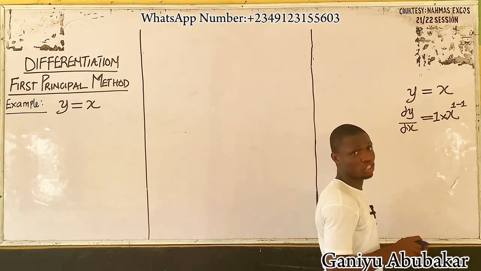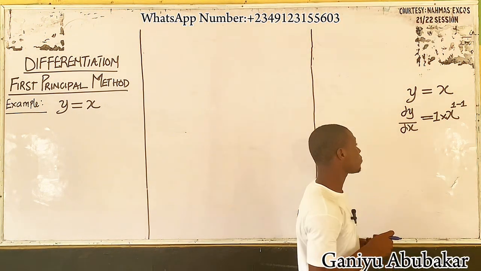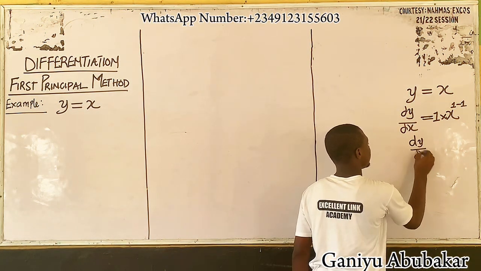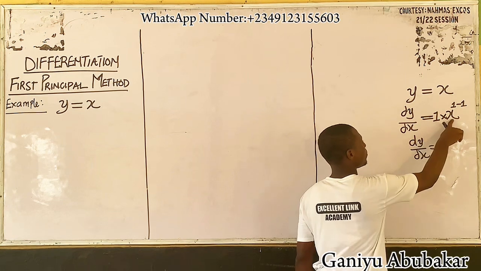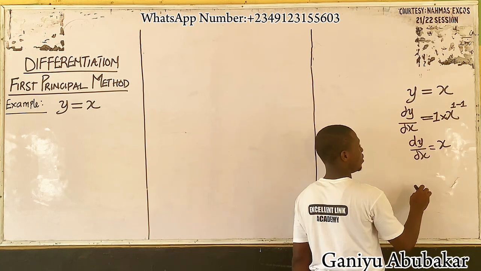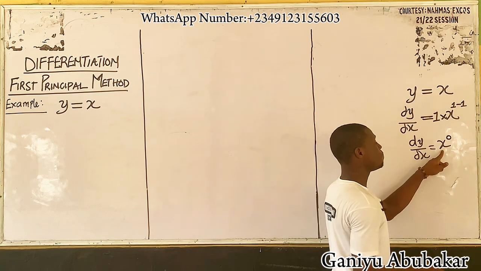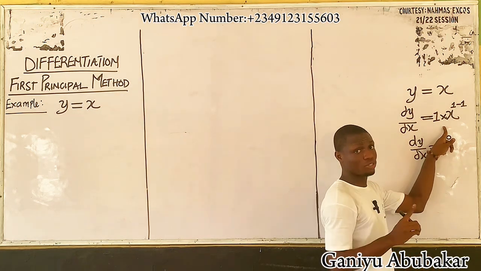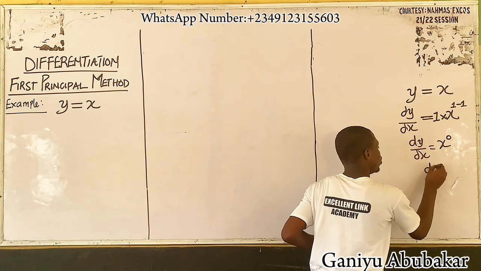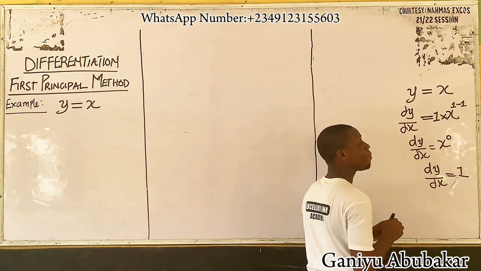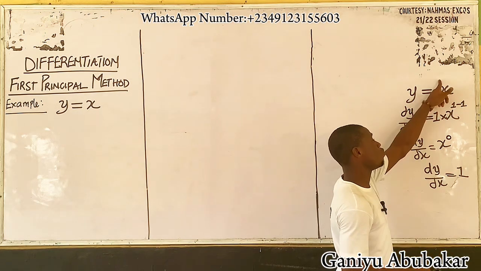If you watched our last class, you should know this. So dy over dx is equal to 1 times x raised to the power 1 minus 1, which is 0. Any variable raised to the power 0 is 1. So I have dy over dx equal to 1. Applying the general method, I have 1.